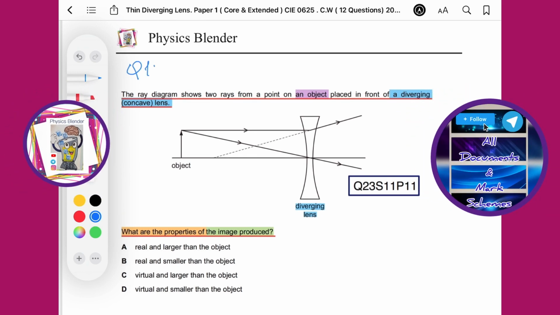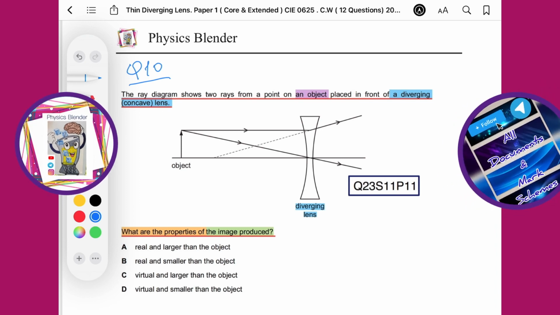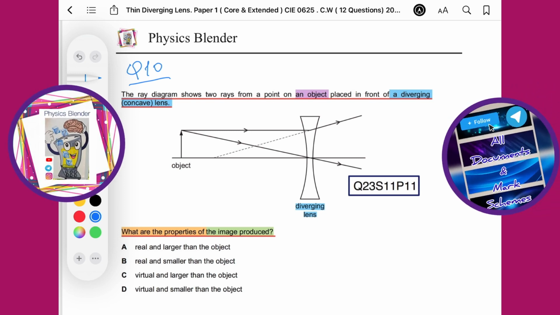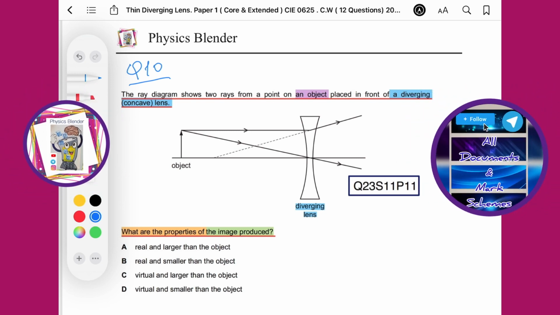Question 10. Here the ray diagram shows two rays from a point on an object, and we have a diverging concave lens. What are the properties of the image produced?